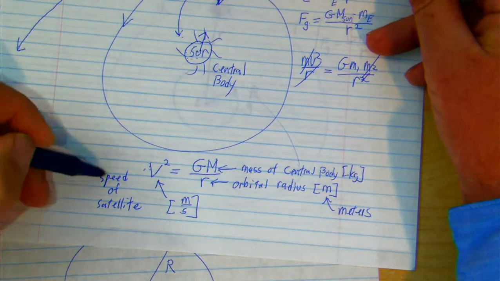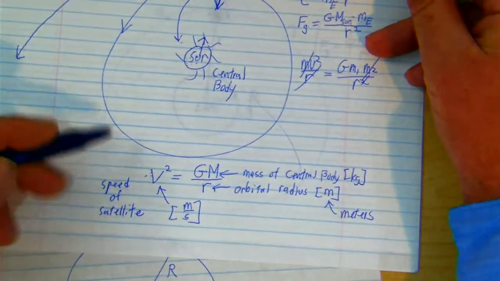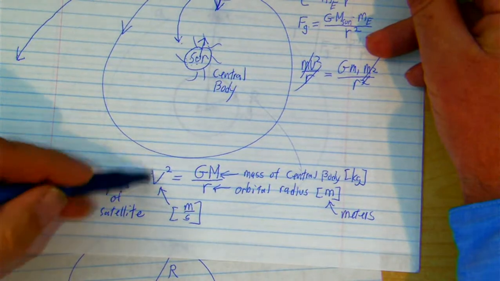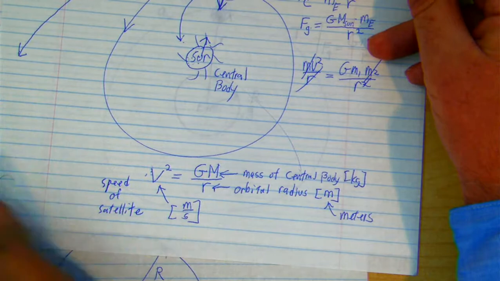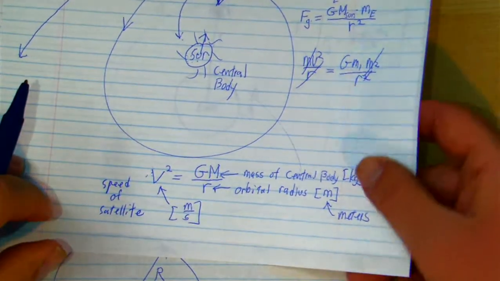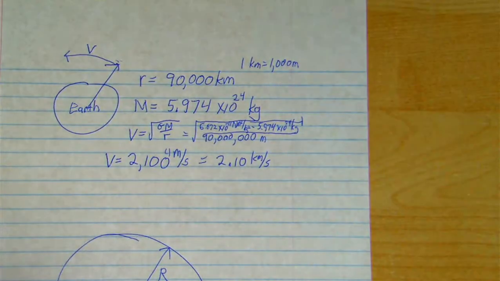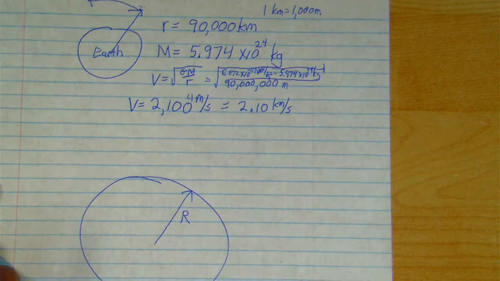So the Earth is a satellite of the Sun, the Moon is a satellite of the Earth, and so forth. So this formula is for calculating the speed at which we are gravitationally orbiting some central body. And for now, we're only dealing with circular orbits. Later, I want to teach you how to deal with elliptical orbits.